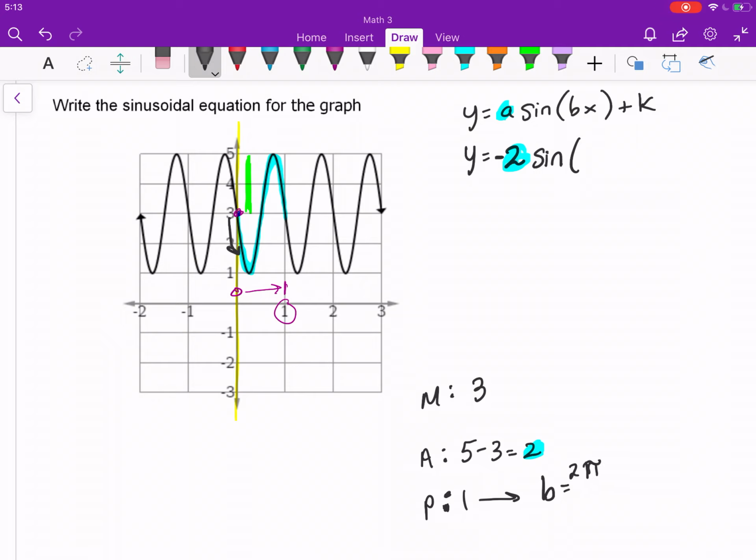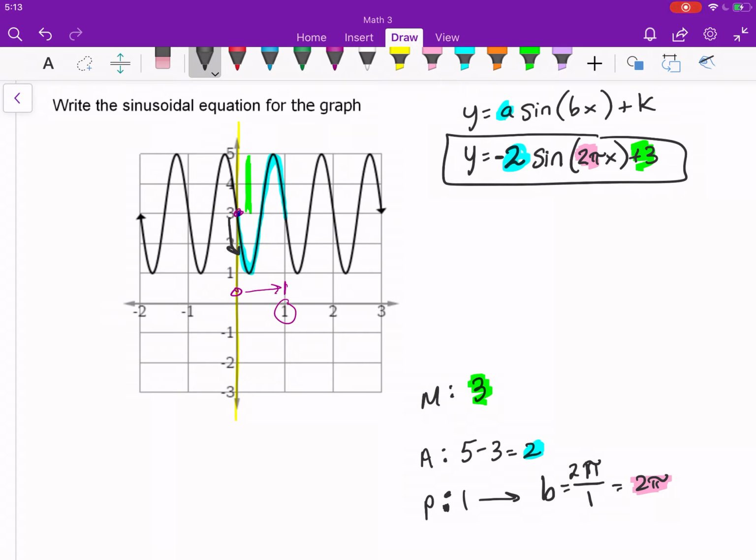So we do 2 pi divided by our period, which is just 1. So our b is 2 pi. So we're going to put 2 pi x. And then we're going to put our midline at the very end. So we'll put plus 3. Voila! We are done.